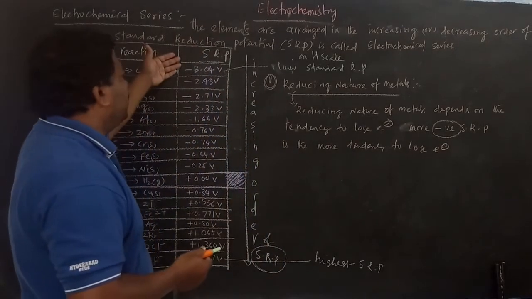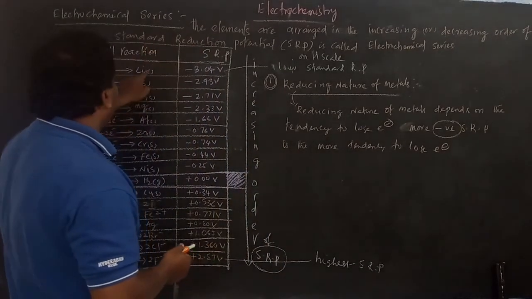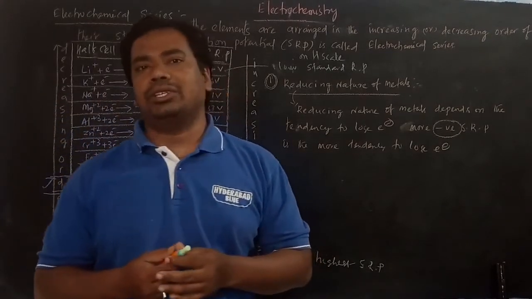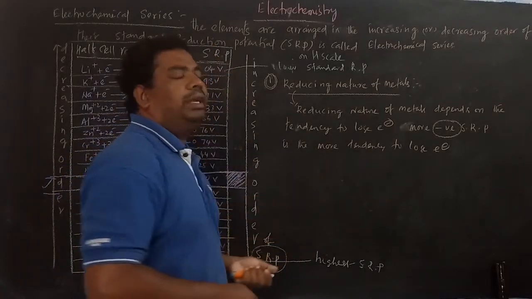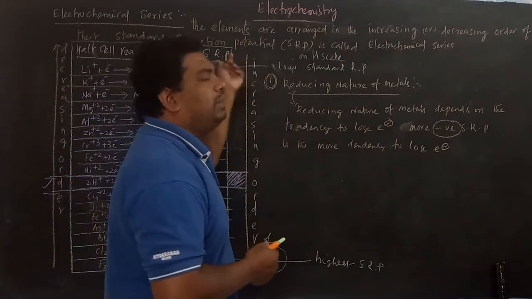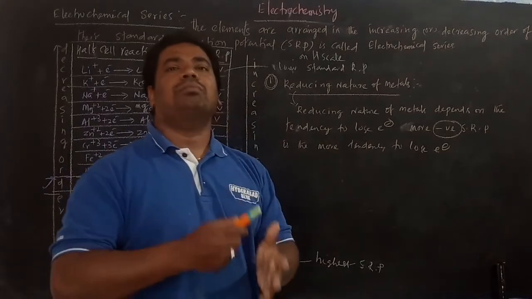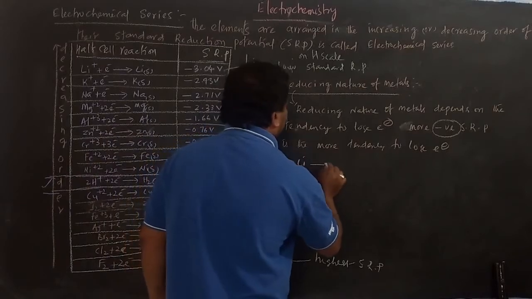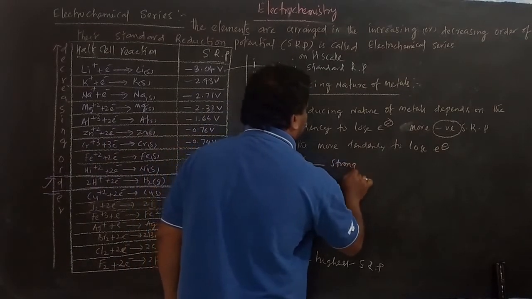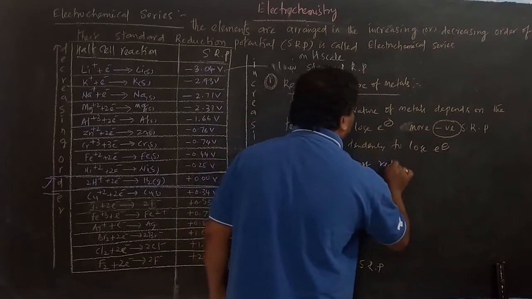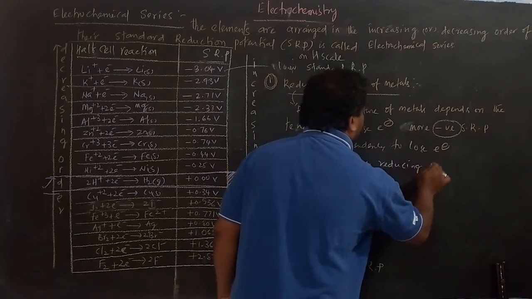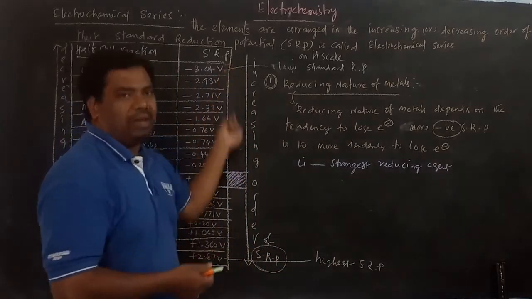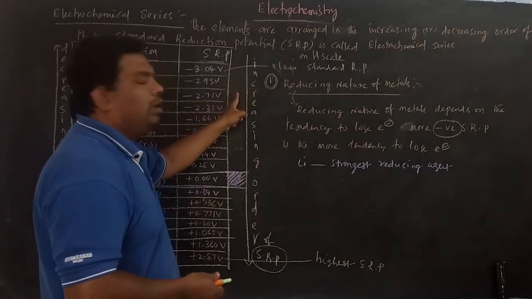You can see in the table that lithium has the most negative standard reduction potential. More negative standard reduction potential means the tendency to lose electrons more easily. That's why lithium is the strongest reducing agent. The reducing power decreases from top to bottom.